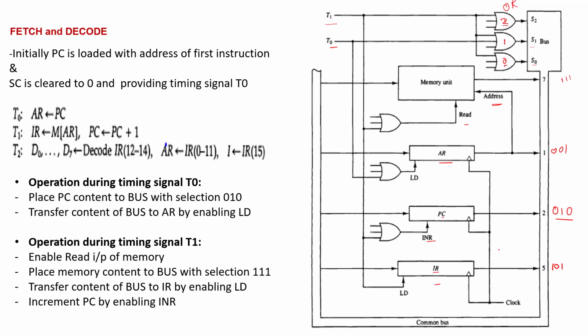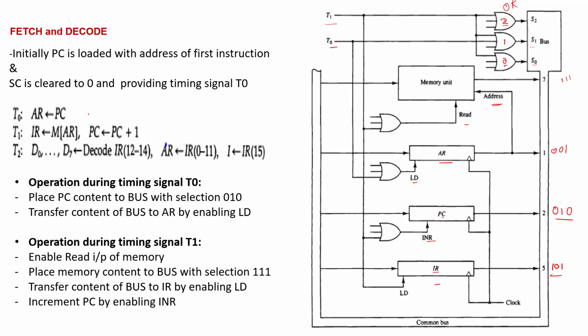And when the instruction register is to be loaded, we again have to see the combination: 1, 0, 1, that is 5. The timing cycle, that means the clock pulse, is also available. If control is not enabled, that loading will not take place. So LD is for load. Now we'll see one by one what is going to happen in each particular timing cycle.